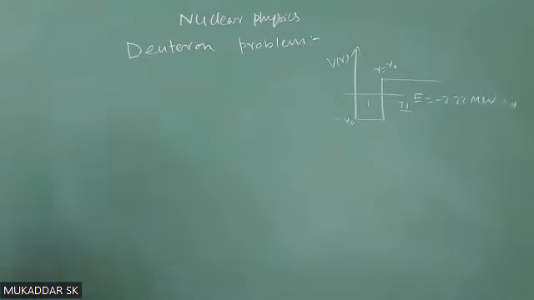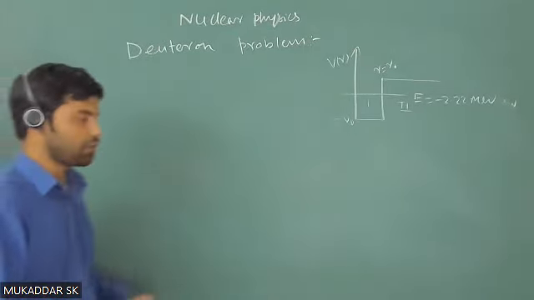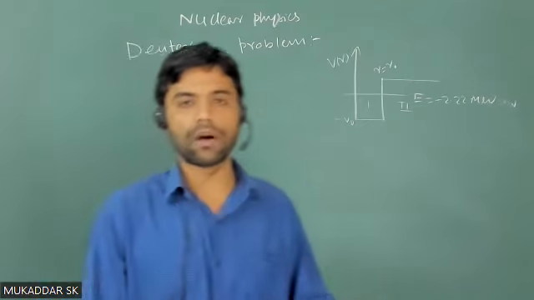Now what is the solution of this equation? You have an equation like d squared u by dr squared equals gamma squared u of r.